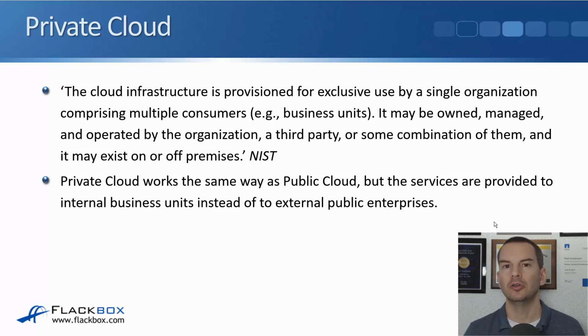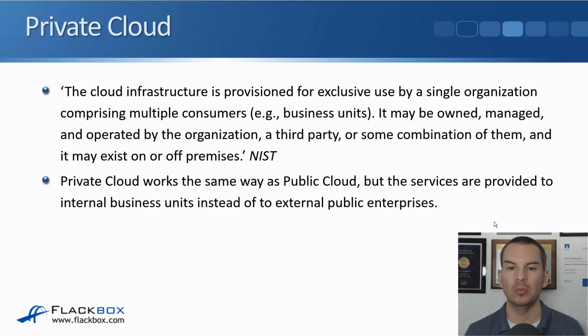So private cloud could be where you've got a large company and they're providing cloud services to their own internal departments. Those cloud services could be managed by the company themselves, or it could be managed externally by a third-party provider. The main point is that these cloud services are dedicated for that one organization. It's not a public cloud where anybody can go and use that.